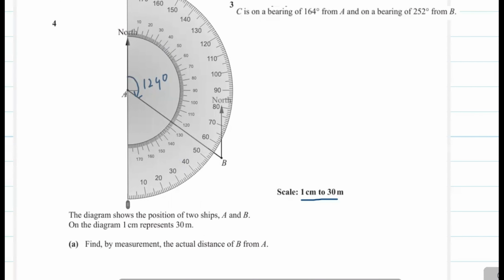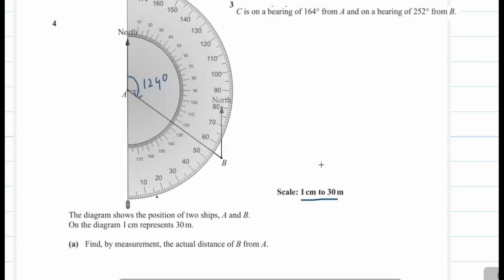Now you can mark the angle by using this. Now you can see here the position of 164 will be, that is 140, 150, 160, and that position will be 164. This is the point. Okay.